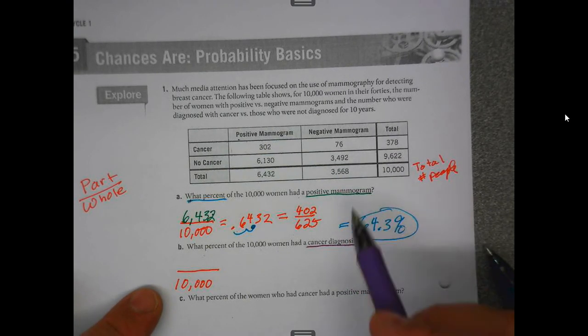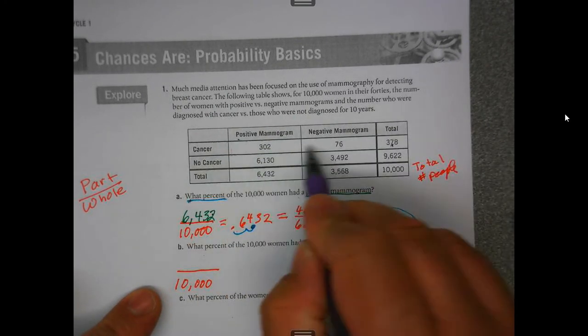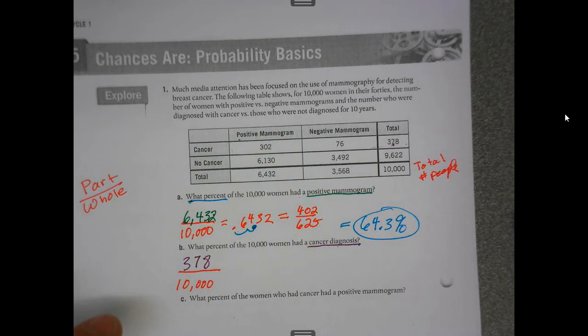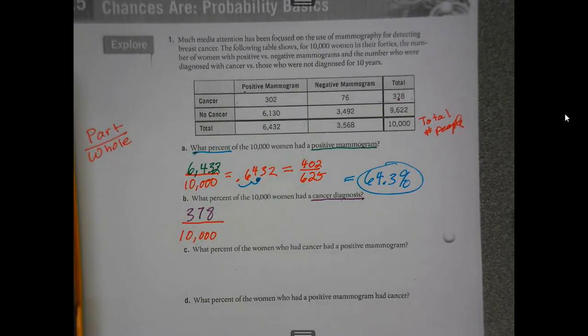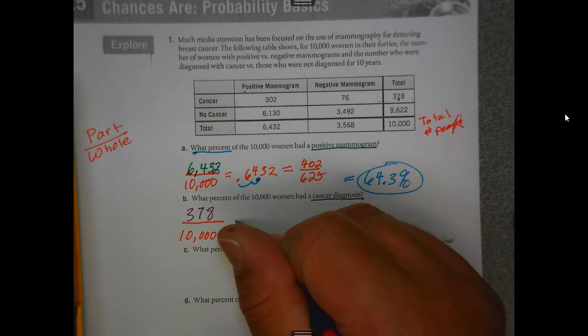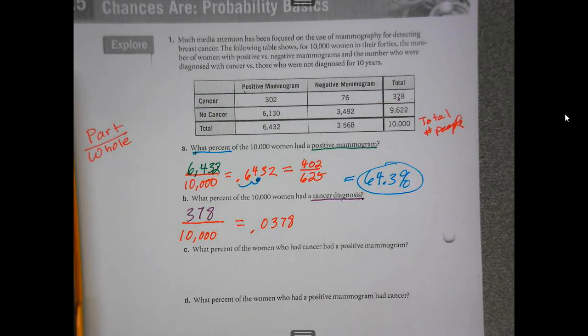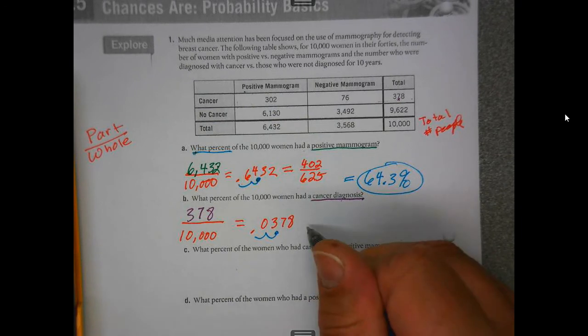That total of cancer diagnosis is 378. So you've got to be really careful with these tables and what these questions are asking for. So I'm going to take my 378 divided by 10,000. It's going to give me 0.0378. Move that decimal over 2 places, and my percentage that was diagnosed was 3.78, I'm going to round this up to 3.8%.